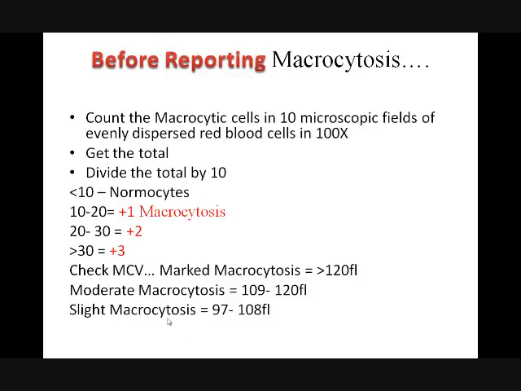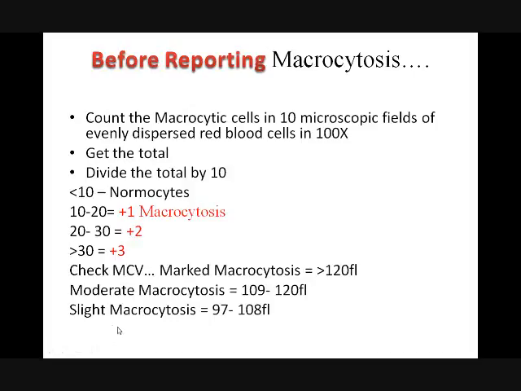Once we see what we have on our slide, we can check with our MCV. Marked macrocytosis, or 3 plus, would be greater than 120 femtoliters. Moderate macrocytosis would be somewhere between 109 and 120. That would be 2 plus.